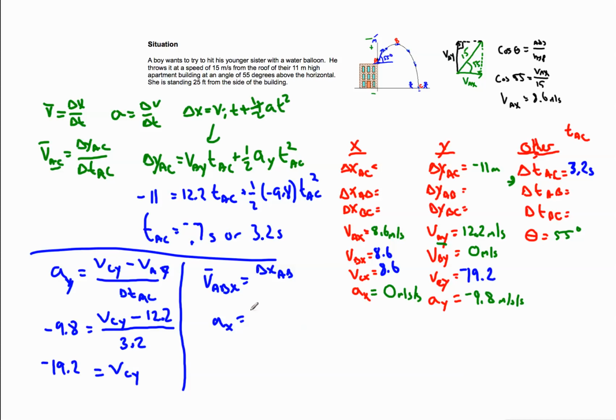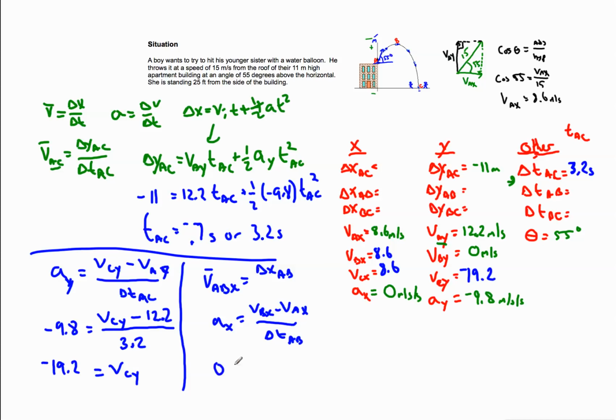Okay, so let's see. We want the time from A to B. Okay, so let's do velocity bx minus velocity ax over delta t A to B. That should work. We know that, we know that, we know that.